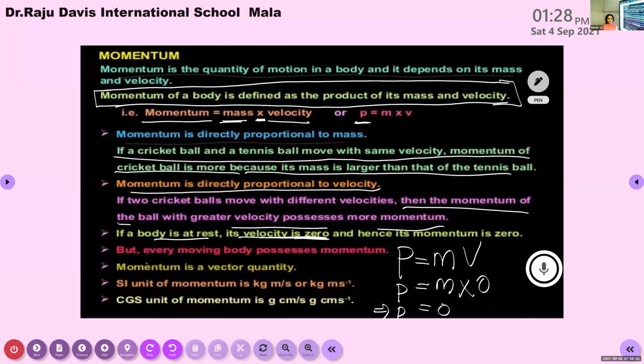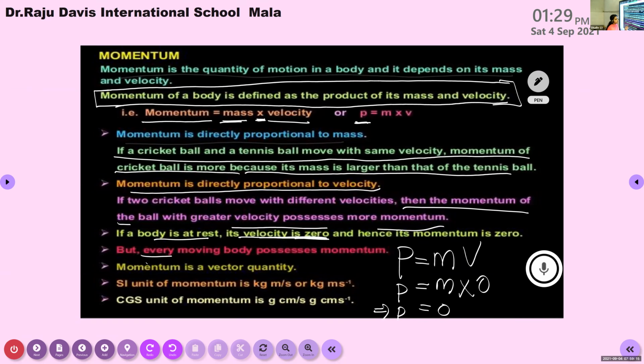That is, the momentum possessed by an object at rest will be equal to 0. Or in simpler words, for a stationary object, the momentum P is equal to 0.